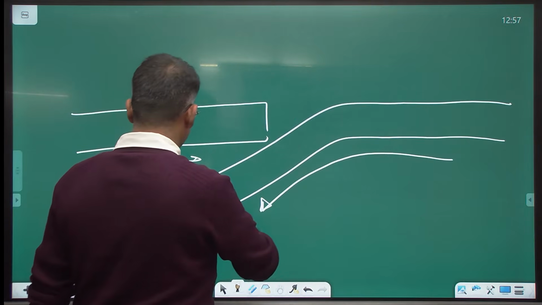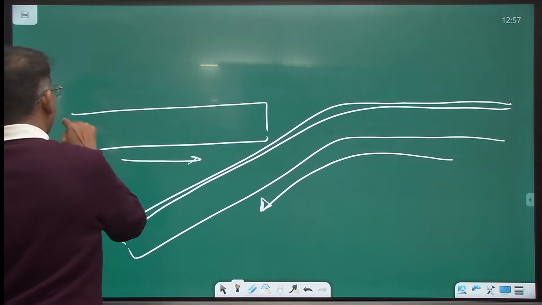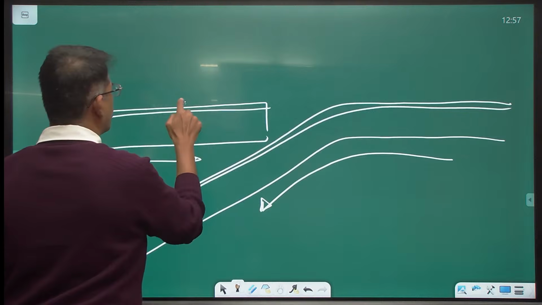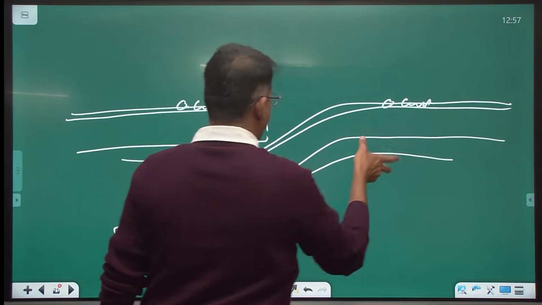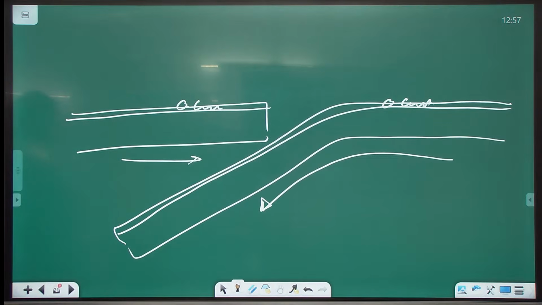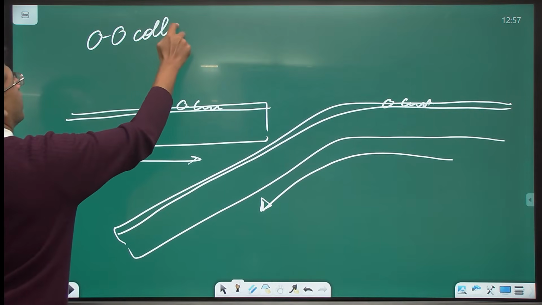So this is the lithosphere, the ocean crust, and one of them will get pulled inside. This process, this is ocean collision.